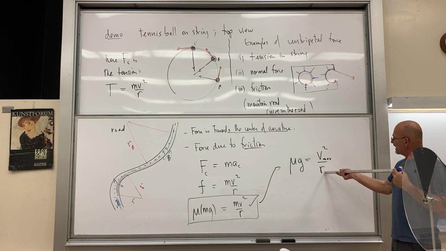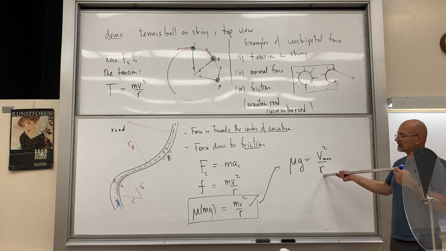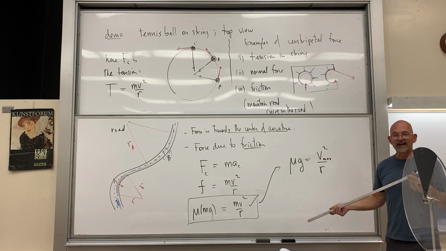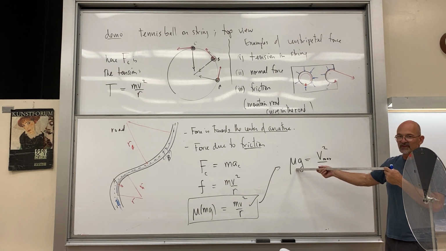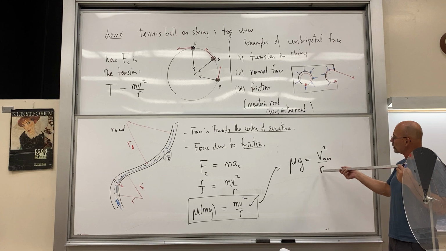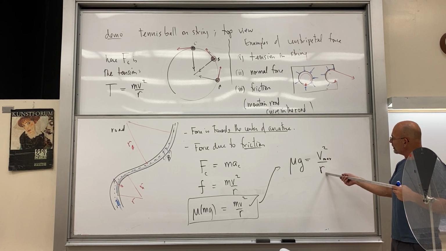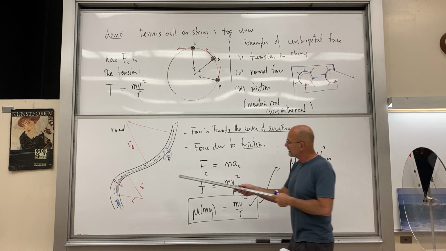Notice, if the radius of curvature gets smaller, this entire right side is going to get larger, but your friction is not getting any larger. When you go through a tight curve, you have to reduce your speed. If you go through a large curve, you can go faster.